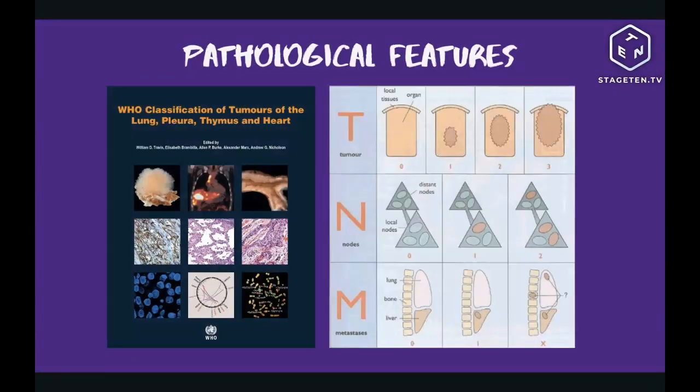But the real pathologist doesn't really think only of whether it's a benign or malignant tumor. It's still important, but what's more important is to identify the exact type of tumor.